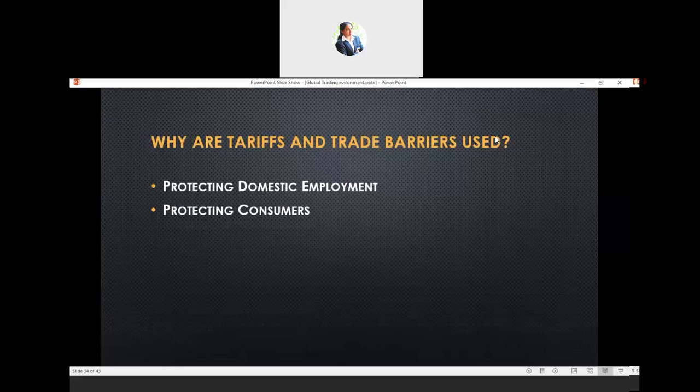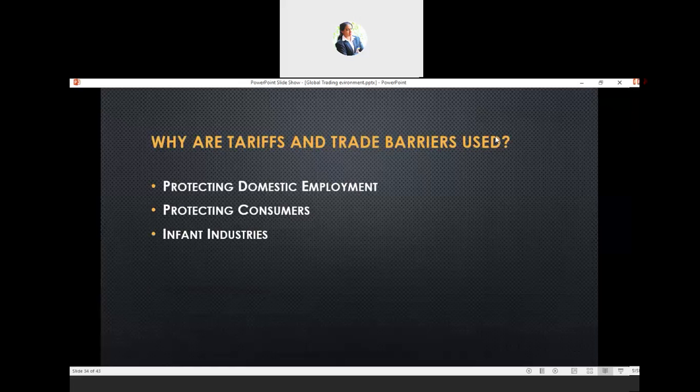Now, the next argument is regarding infant industries. The use of tariffs to protect infant industries can be seen in the import substitution industrialization, or what we call the ISI strategy, employed by many developing nations. The government of a developing economy will levy tariffs on imported goods in an industry in which it wants to foster growth.